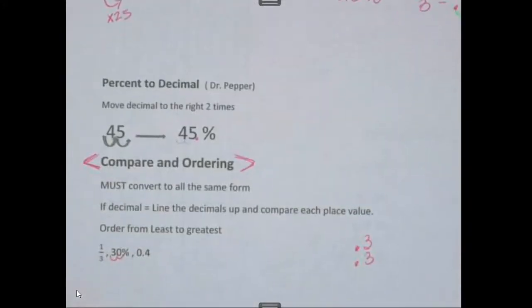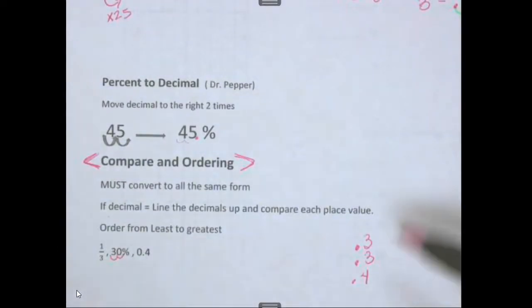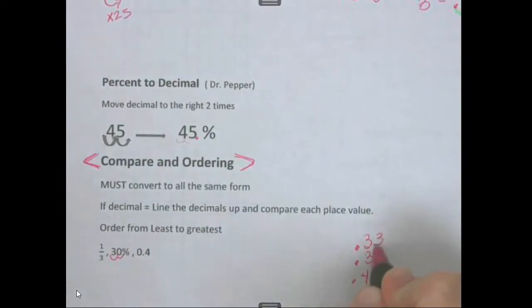And then I have 4/10. It looks like these are equal, but are they really equal? No. What do I need to do to the first one? I need to add another 3 because 1/3 is a repeating 3. So this is 3, 3, 3. And then I can add my zeros.